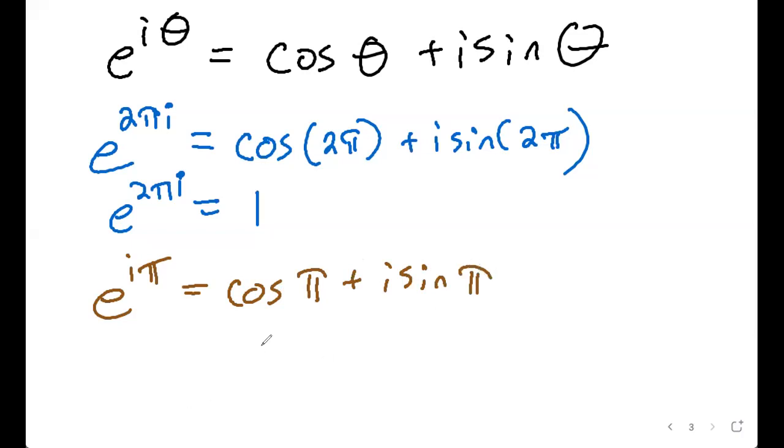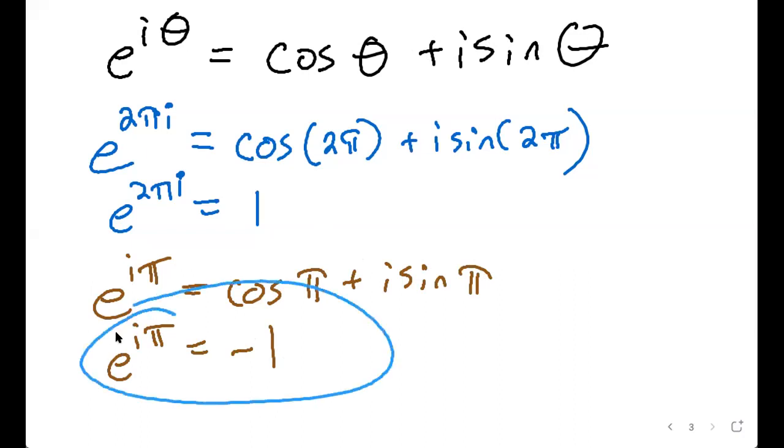Sine of pi is still 0. Cosine pi is -1. And so if you've ever seen the equation e to the i pi is equal to -1, this is where it comes from. And to write one last thing, e to the i pi is equal to -1.